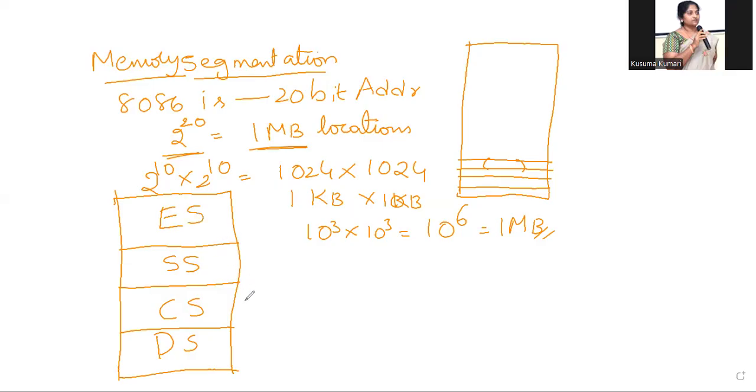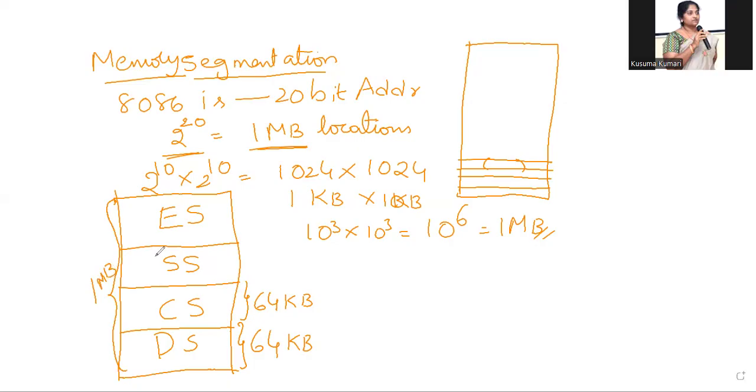Each segment size is 64 kilobytes, and this is totally 1 megabyte of memory.